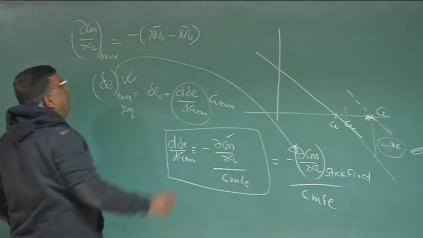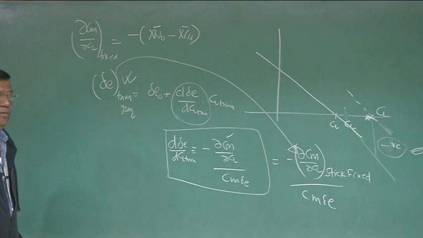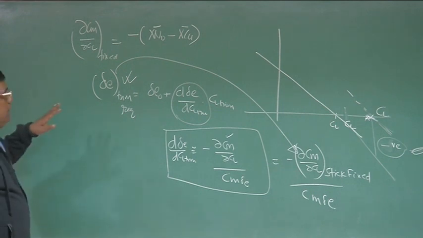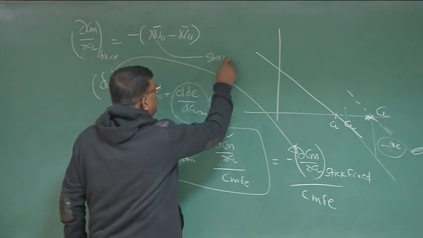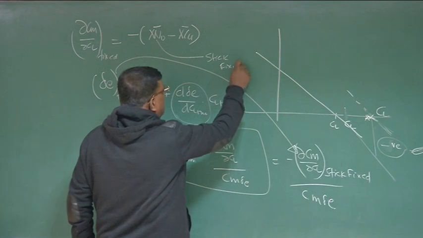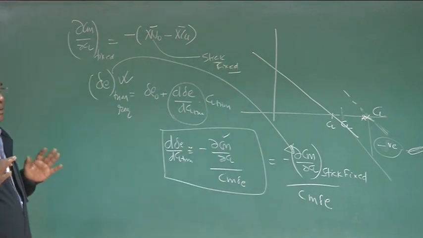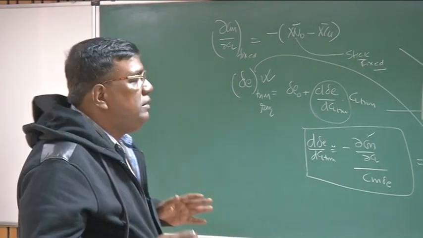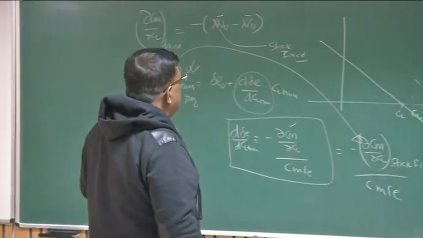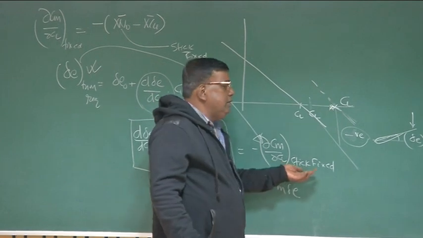By now you know bar means non-dimensionalized with mean aerodynamic chord. So the important thing here is that the n naught will be again stick fixed. This is very, very important, that when I am going to trim, how much delta E is required is decided by this dCm by dCl stick fixed.